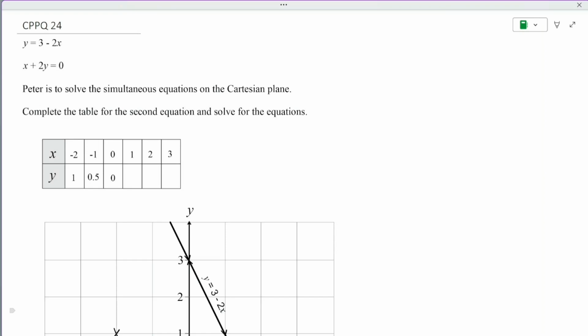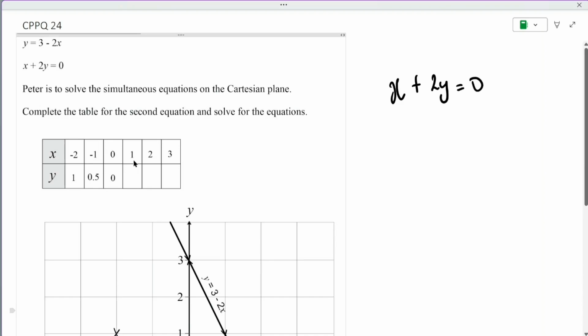We're writing out the second equation, which says x plus 2y equals 0. We're starting with when x is 1, what is y? Taking the second equation, x plus 2y equals 0, we take x to be 1. That means we're changing the value of x to 1. So rather than write x, we say 1 plus 2y equals 0.